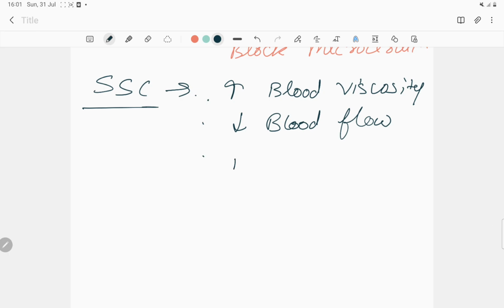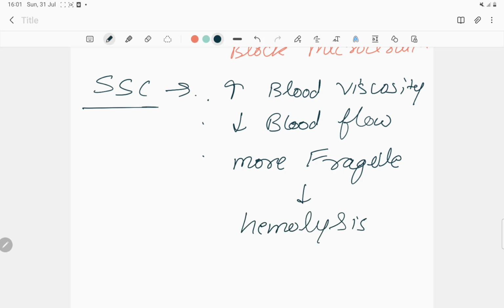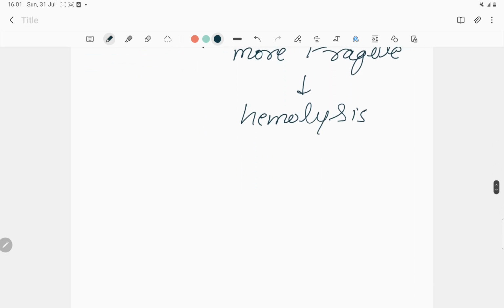And they become more fragile, which leads to hemolysis.